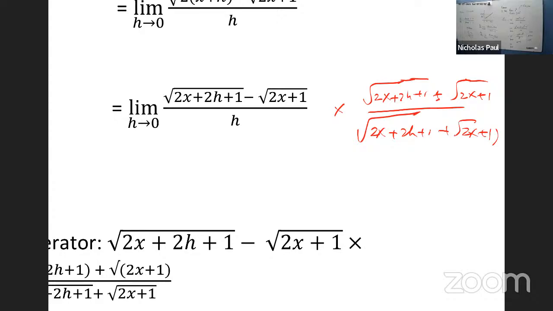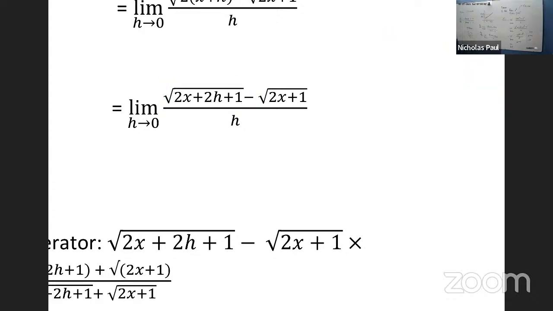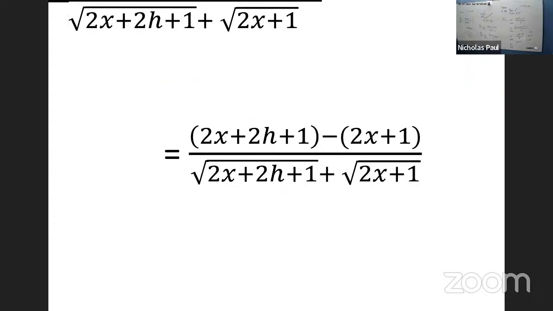What will happen now is that you're going to multiply this by this, and then this by this, and you will get the difference of two squares. So on top the root part will cancel off and it will look like this.